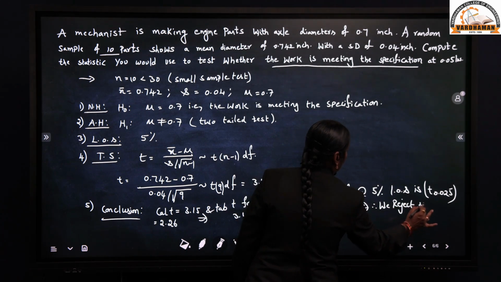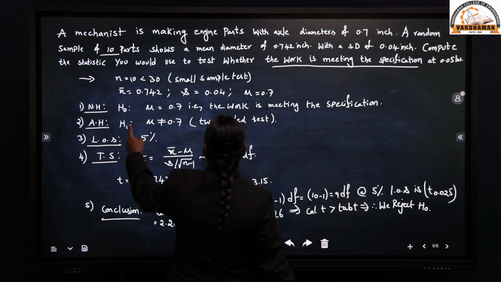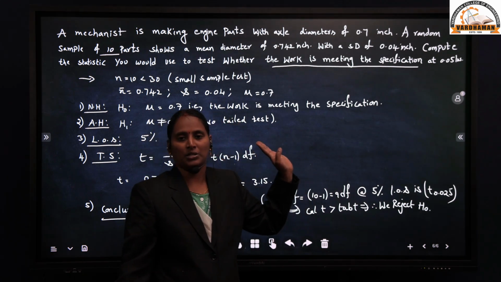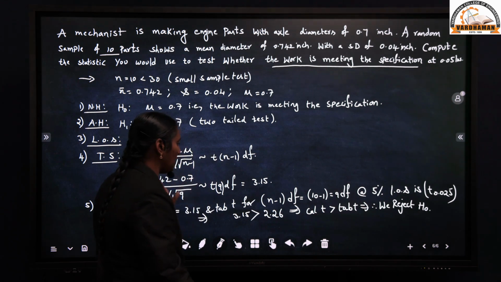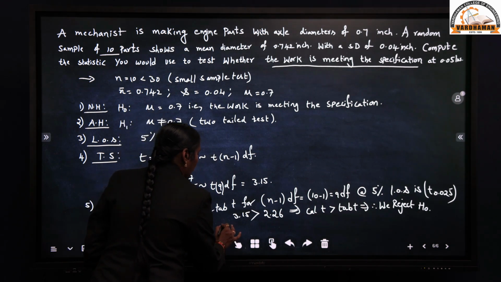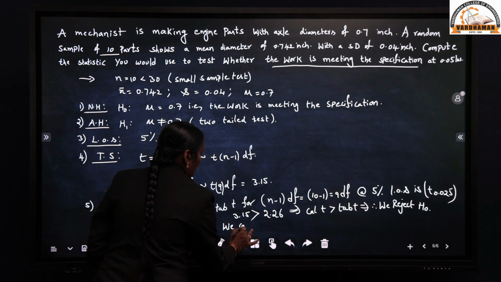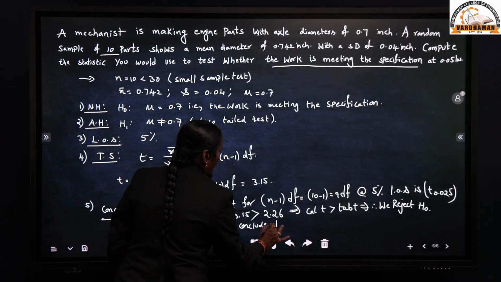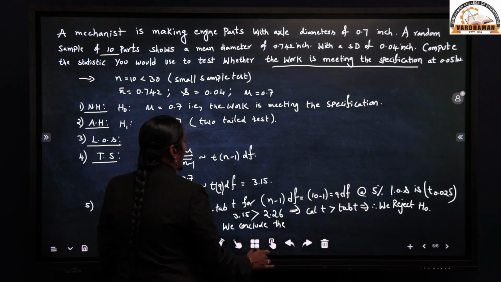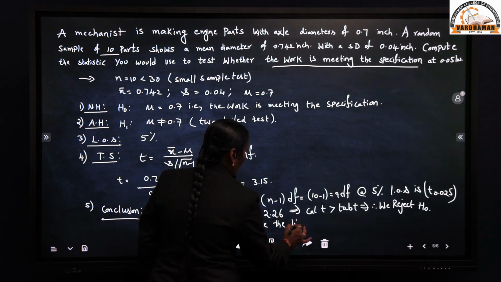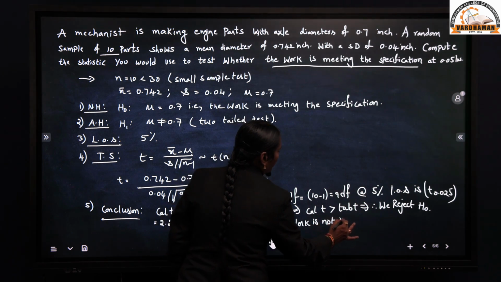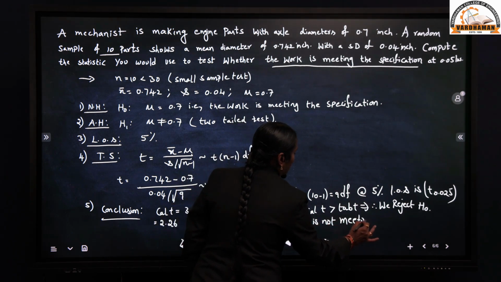Rejecting H naught means, since the null hypothesis was that the work is meeting the specification, we conclude that the work is not meeting the specification.